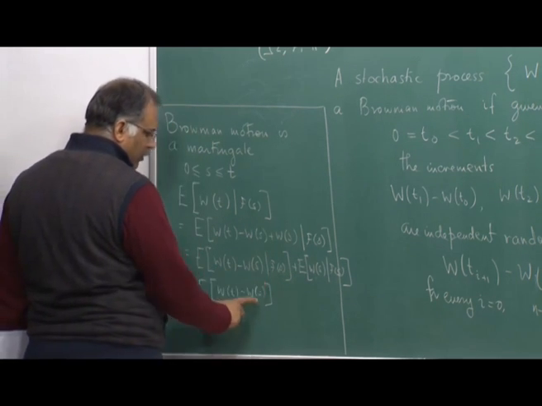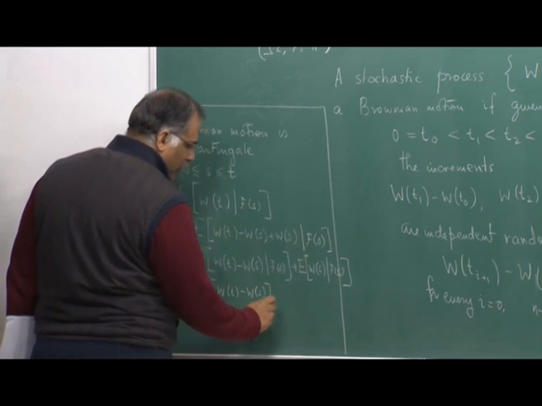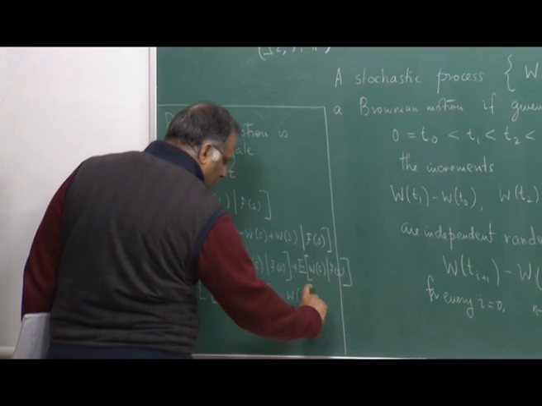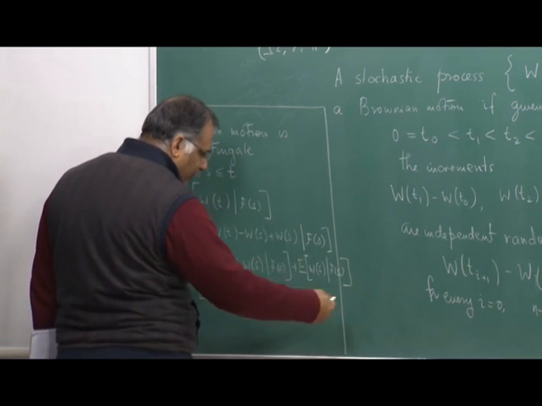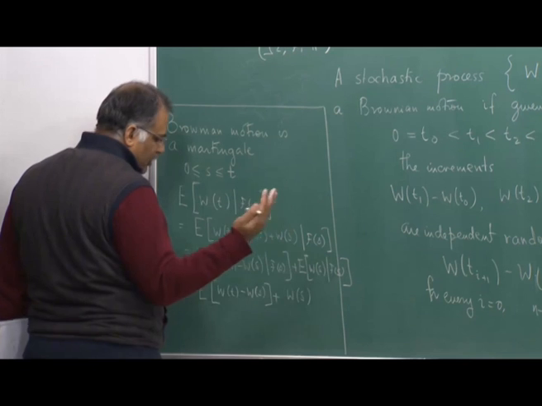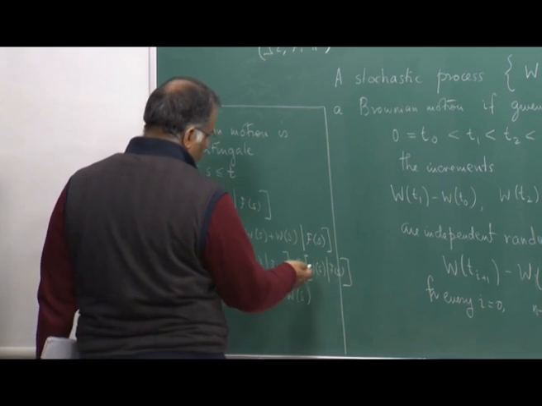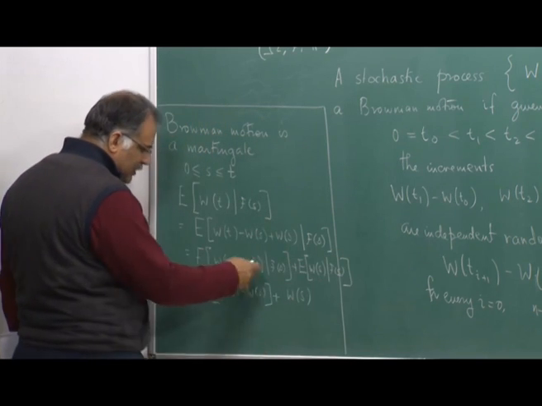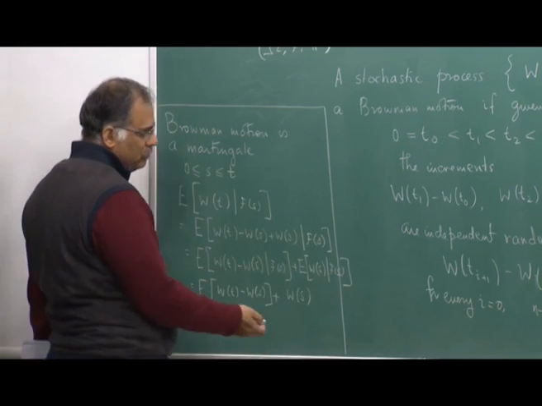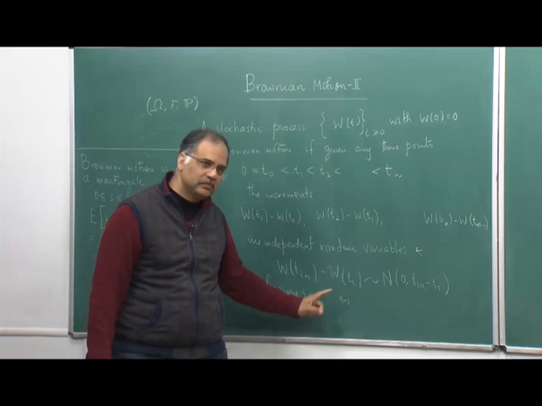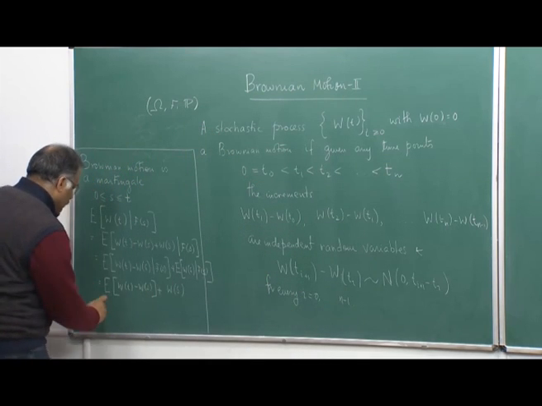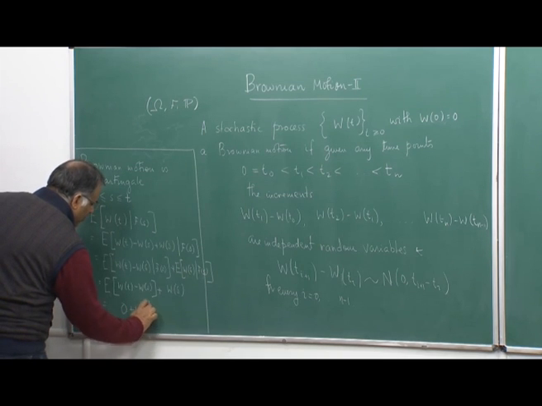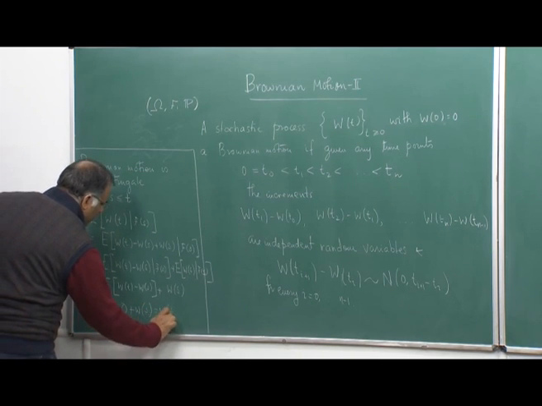You take the Ws out, and the expectation of 1 given Fs is 1 basically, because 1 is just a constant random variable and does not depend on Fs. But this you know is 0 because of this fact. 0 plus Ws is equal to Ws, and that proves that it is a martingale.